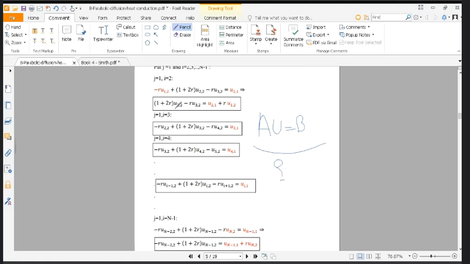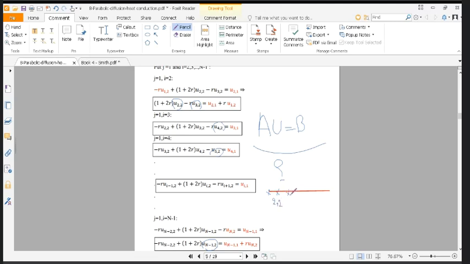What are our unknowns now? U22, U32, U42, U52, until n-1 and 2. Please pay attention, everybody. In this equation, the unknown value is not the first point, it is the point I2 and k plus 1, this is 2.